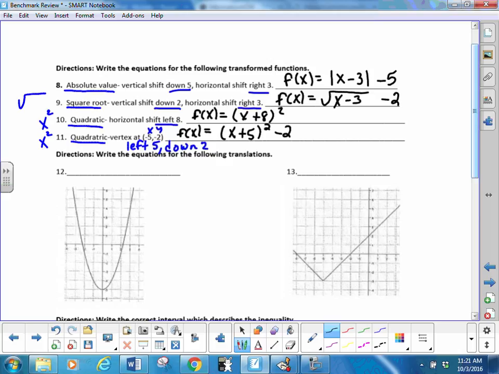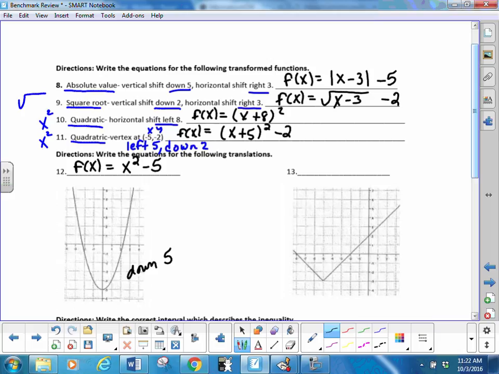Most of these look really, really good. For 12, I don't usually make myself a note on the graph. I just, compared to the parent, it moved down 5. So I didn't really have to put anything in parentheses because nothing happened as far as left or right.